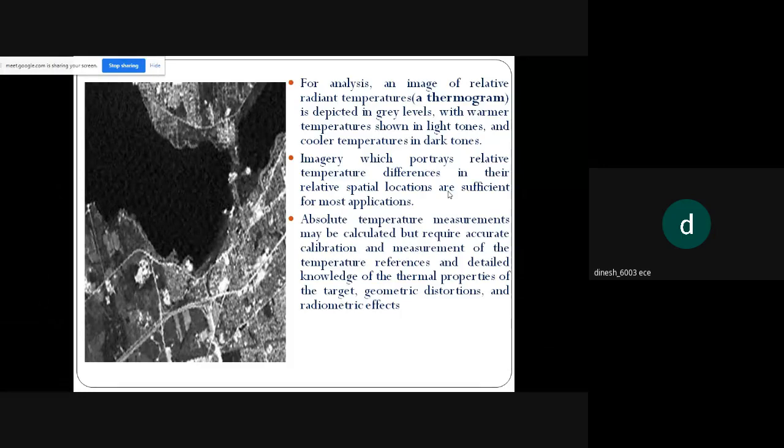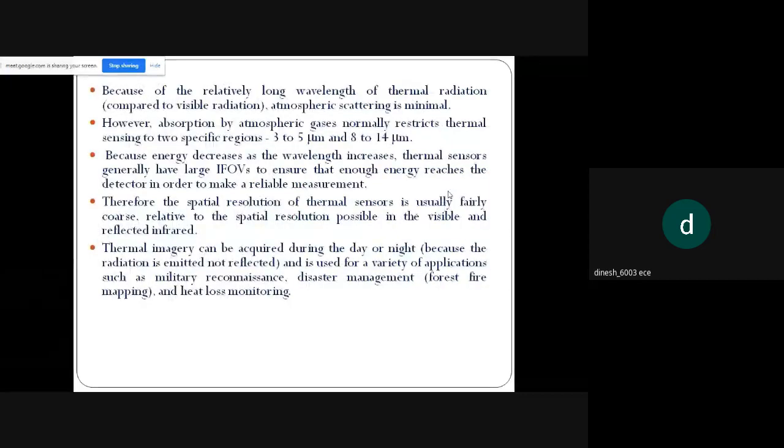Absolute temperature measurements may be calculated that require accurate calibration and measurement of temperature references, depending upon the thermal properties of the target, geometric distortions, and radiometric effects. Because of the relatively long wavelength of thermal radiation, atmospheric scattering is minimized.